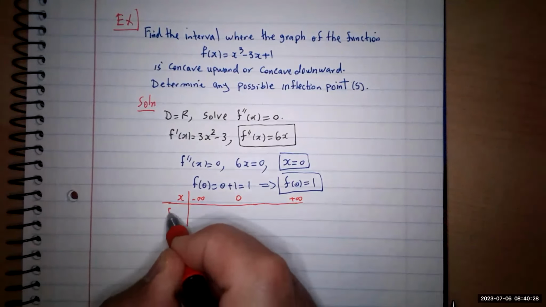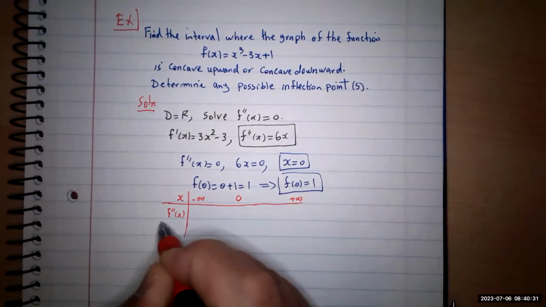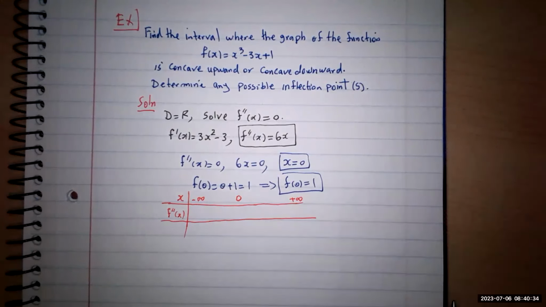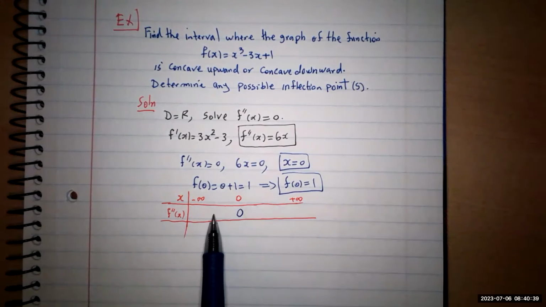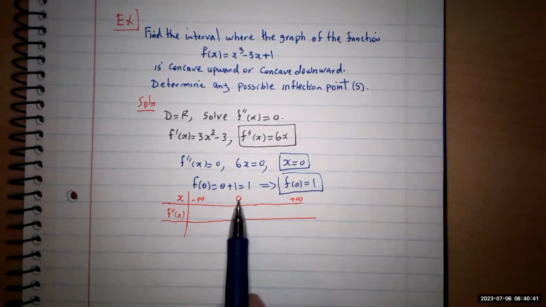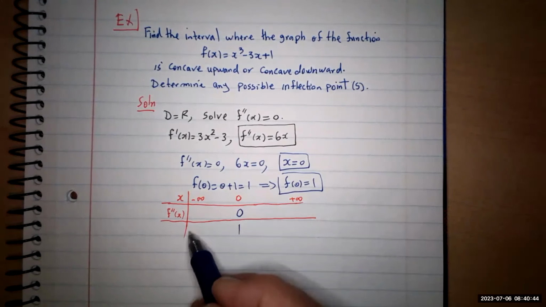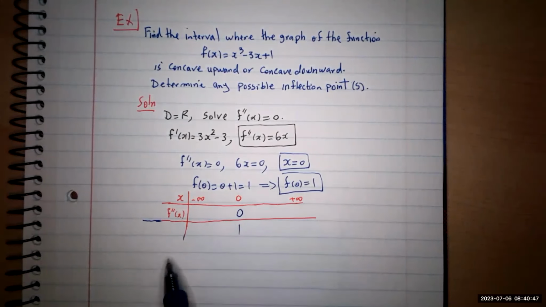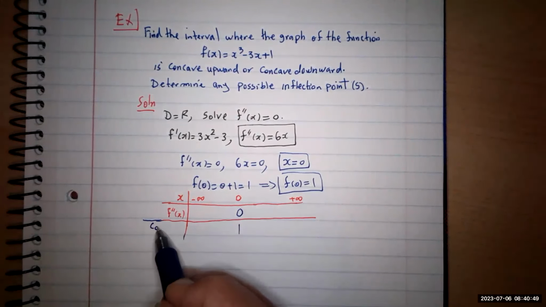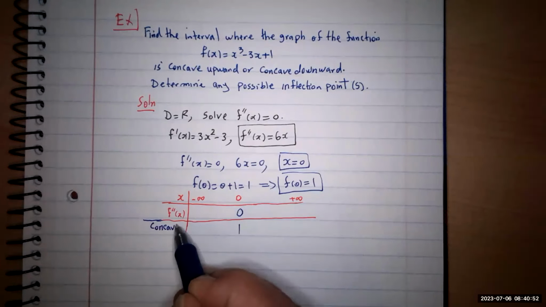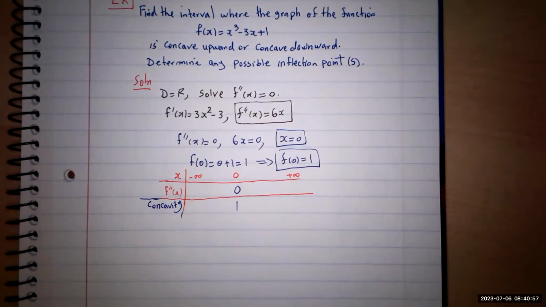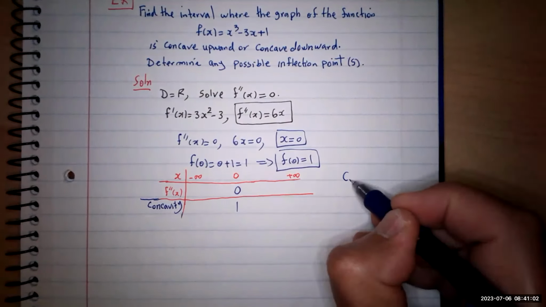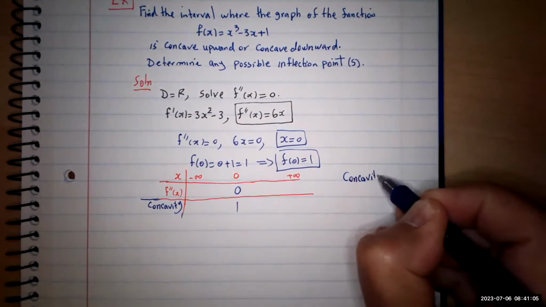You're checking f double prime, which is 0 here, so you have 2 partitions to check. In this case, you have to give us the shape of the graph, the concavity. Any question? So that's a concavity table, if you like, the concavity chart.